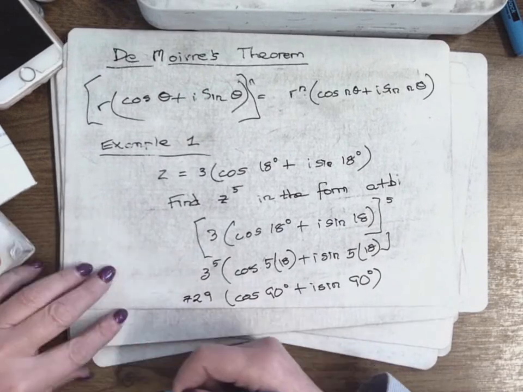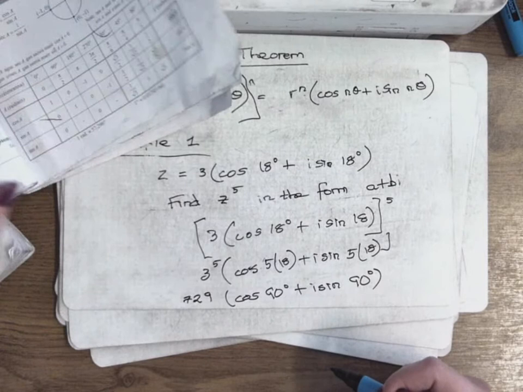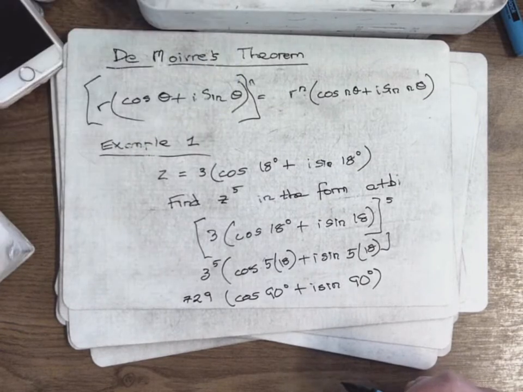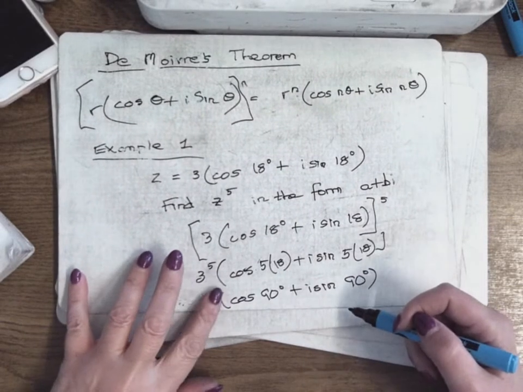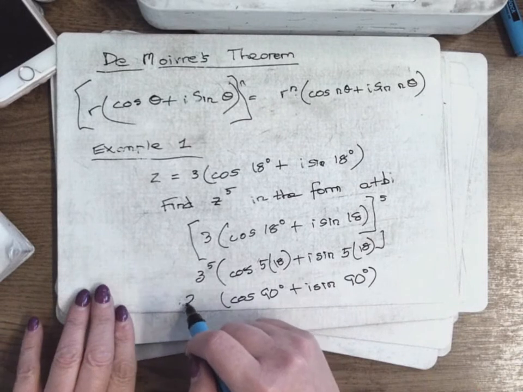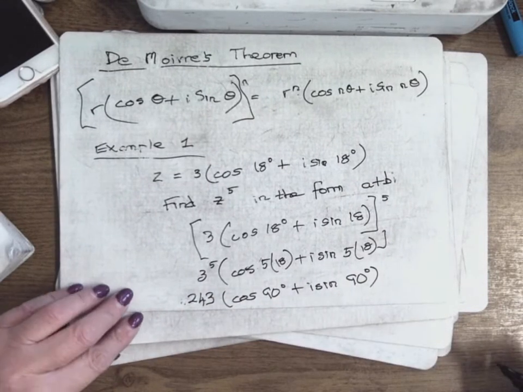So on your calculator, you get the cos of 90. 3 to the power of 5, which I think is 729? Is it 3 by 3 is 9 by 3? I did 3 to the power of 6, sorry. It's 243.